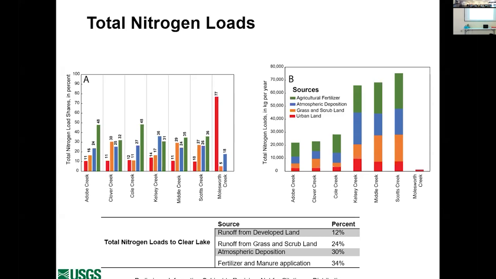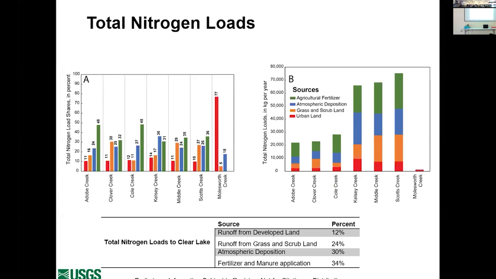In general, for all these watersheds that are delivering flow into Clear Lake, 34% of the total nitrogen comes from fertilizer and manure application, 30% comes from atmospheric deposition, 24% comes from the runoff from the grasslands, and 12% from the urban lands.